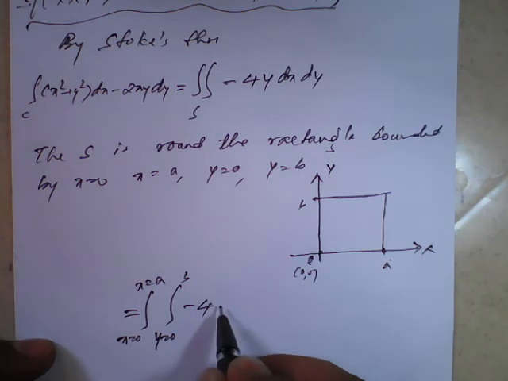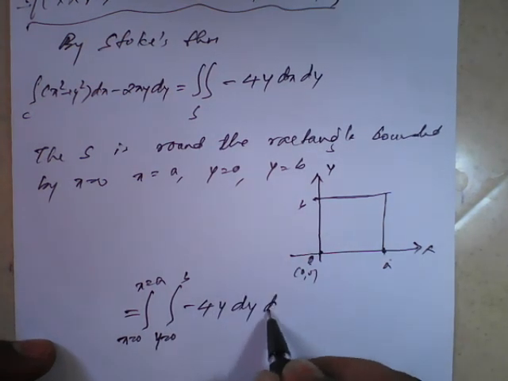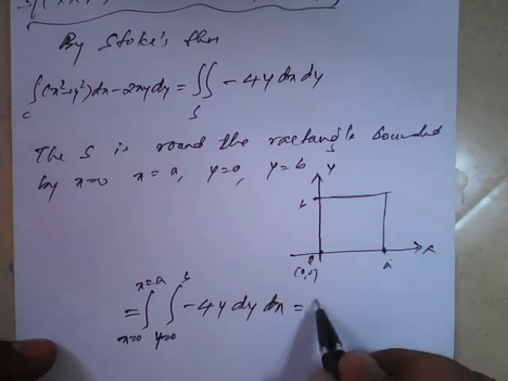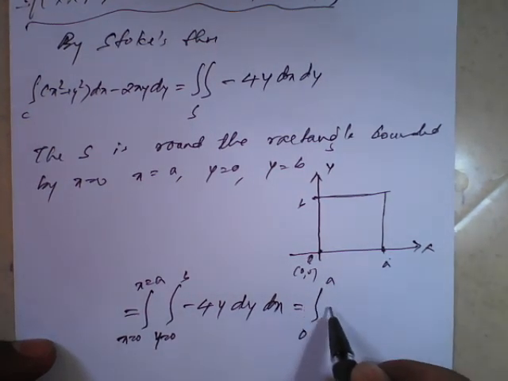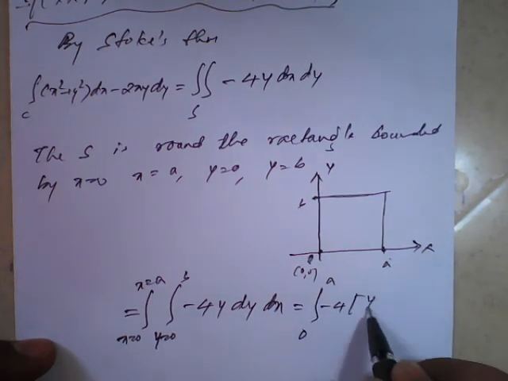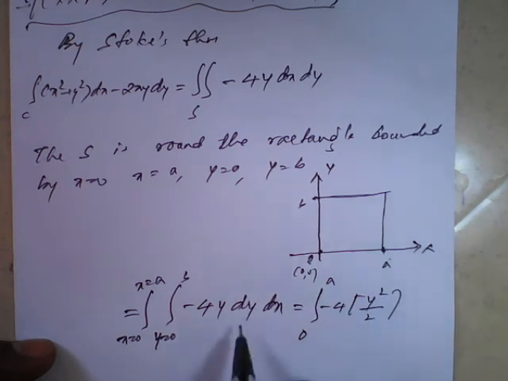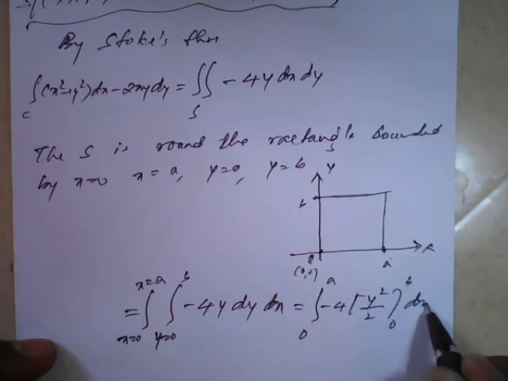For minus 4y, first we integrate with respect to y, then with respect to x. So it is the integral from 0 to a of minus 4 as it is, integration of y with respect to y is y square by 2, limit from 0 to b, into dx.